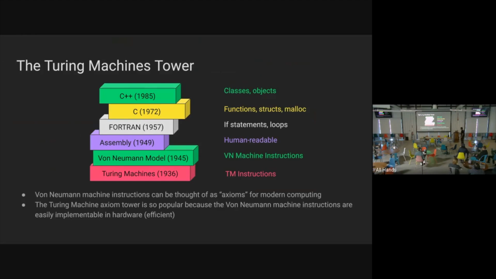And my belief is that the Turing machine Axiom Tower is actually easily implementable in hardware because it's sort of like a physical device. And because you can implement it in hardware, you can actually compute stuff with it as opposed to it being relegated to pure math, right? The final idea is that a compiler is just something that takes a higher level construct and reduces it down to its axiomatic von Neumann definition. That's all a compiler is. Sound good?